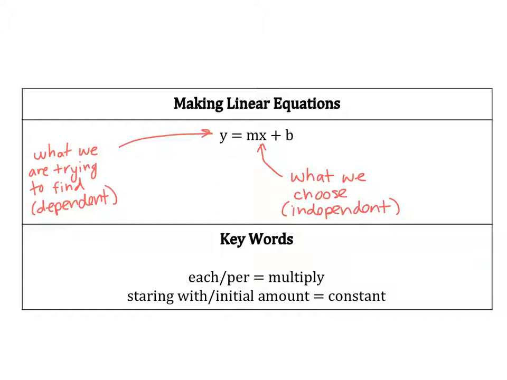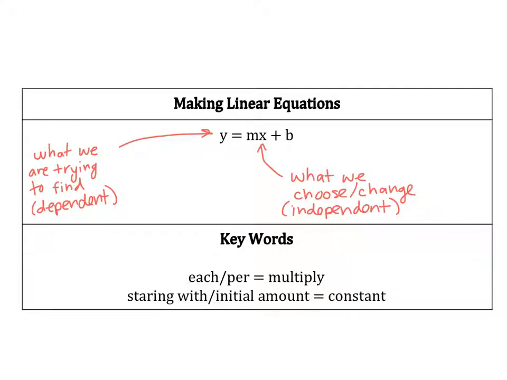And it can be what we choose or what we change. So this is the thing that we pick, and this is what we get out of it. So this is why this is the independent variable. We can pick whatever we want. Our y will depend on what our x is, so that's why they call it the dependent variable.